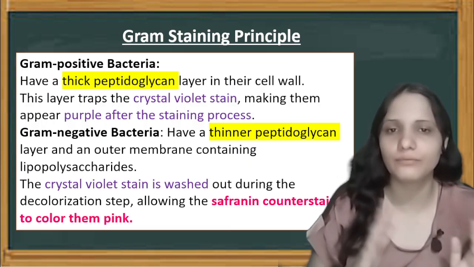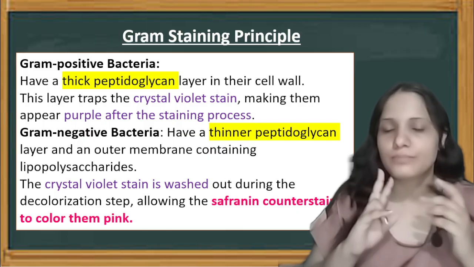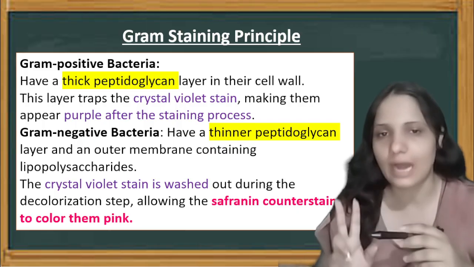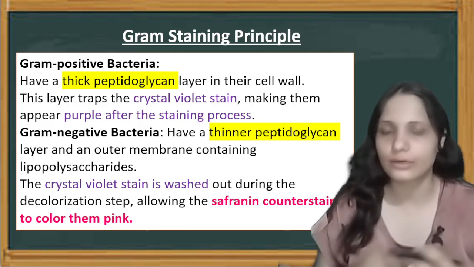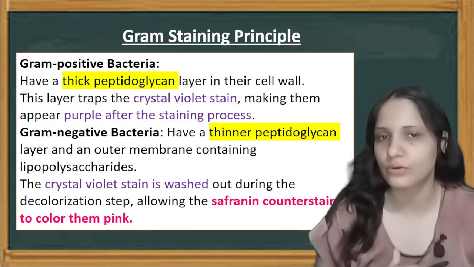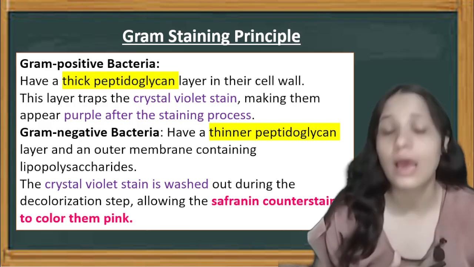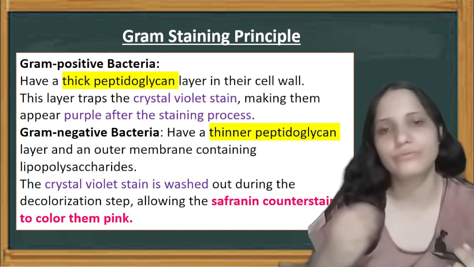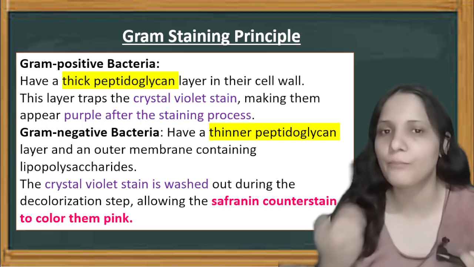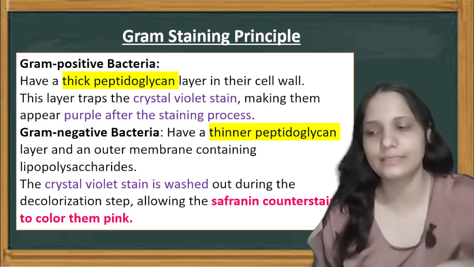Gram staining mainly works on the principle of two points: gram positive bacteria and gram negative bacteria. So this thing we understood. What is the difference between gram positive bacteria and gram negative bacteria? If you know, very good. If you do not know the difference, do not worry.